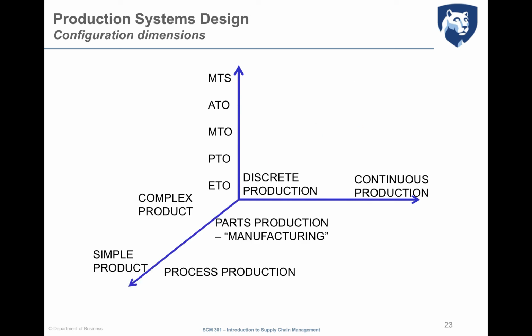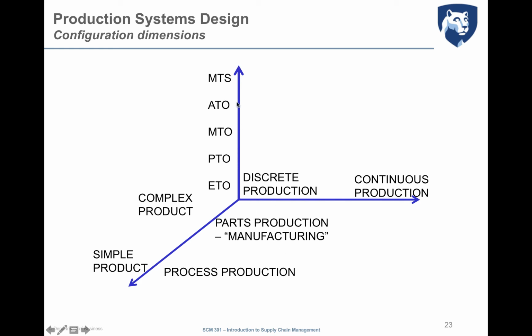A third axis is again another type of dimension, which is product related. So if the product is simple or complex. In particular, when the product is complex, we usually refer to it as part production, and when the product is simple, we refer to it as process production.